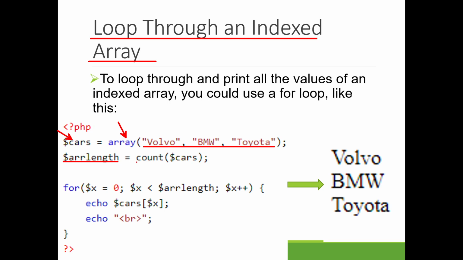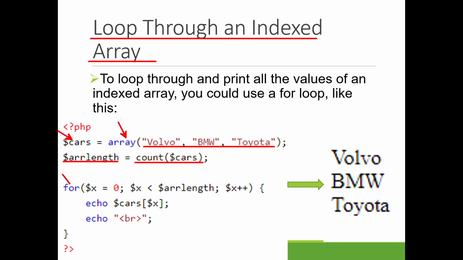That is, how many values does it have? How many elements does it have? So count cars. Then we store it here. So it's going to return 3, of course. So the value in this variable is going to be 3. So we use a for loop to loop through the indexed array.